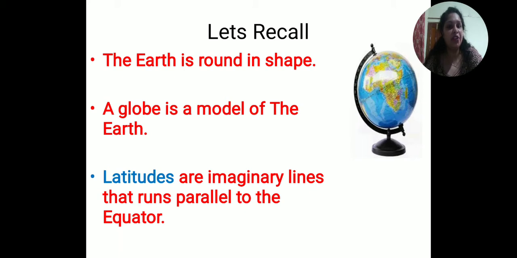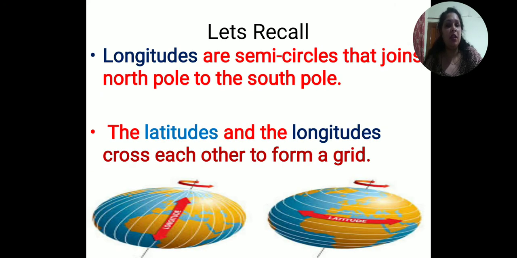Latitudes are imaginary lines that run parallel to the equator. Longitudes are semicircles that join the North Pole to the South Pole. You can see on the left-hand side the earth and the diagram of longitude, which makes semicircles from the North Pole to the South Pole.